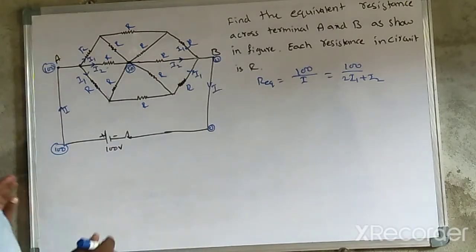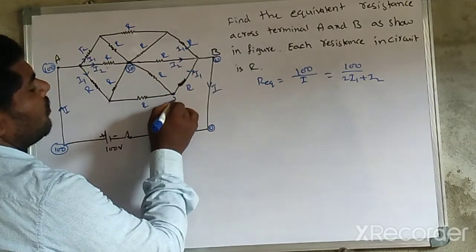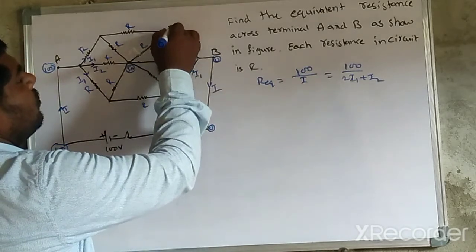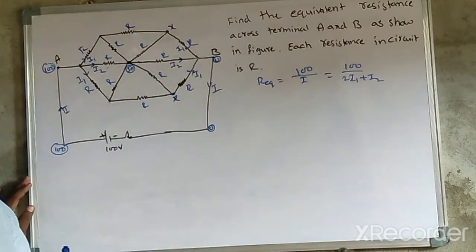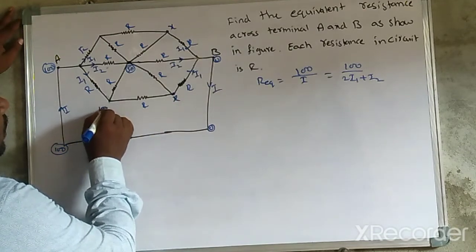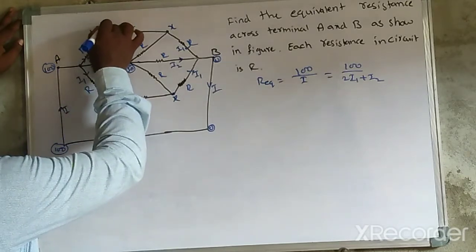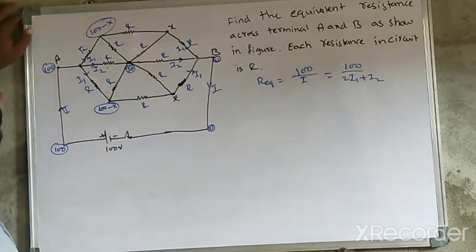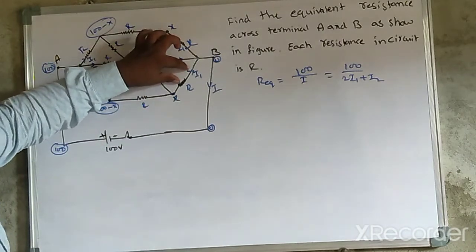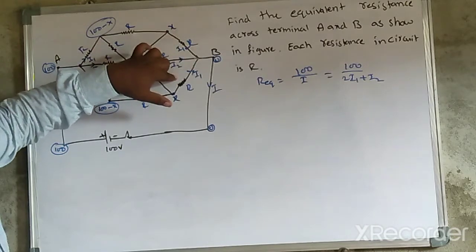So how to find I1, I2? Let us consider this point as X. So this also X, this point also X potential. So if this is X potential, this is 100 minus X potential. This one also 100 minus X potential. So once you know these potentials, the current I1 is nothing but potential divided by resistor, the current passing through this resistor.